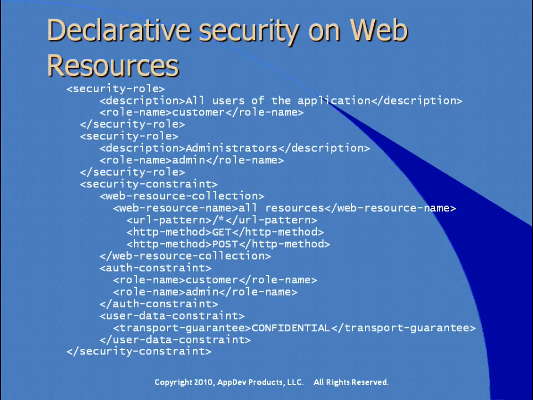I don't have to know what the actual members of these roles are. As a matter of fact, I shouldn't. That's determined by the role mapping that's handled at runtime when the application is actually deployed. For my transport guarantee, I'm using the user data constraint element to define confidential as my transport layer.